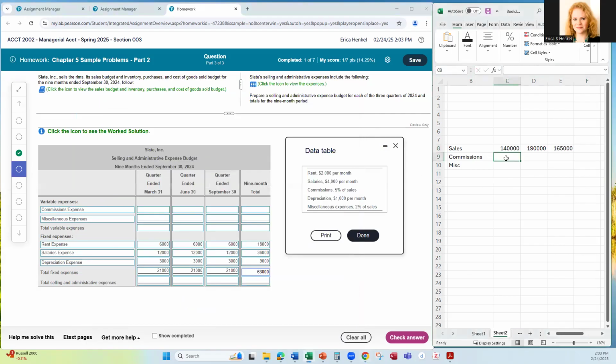So commissions are 5% of those. And then your miscellaneous expenses are 2%, so 0.02. The total variable is going to be the commissions and the miscellaneous. So we'll get all those in.